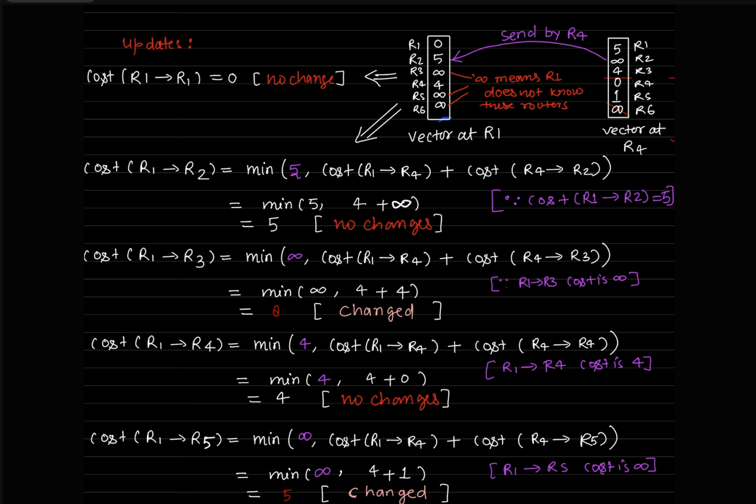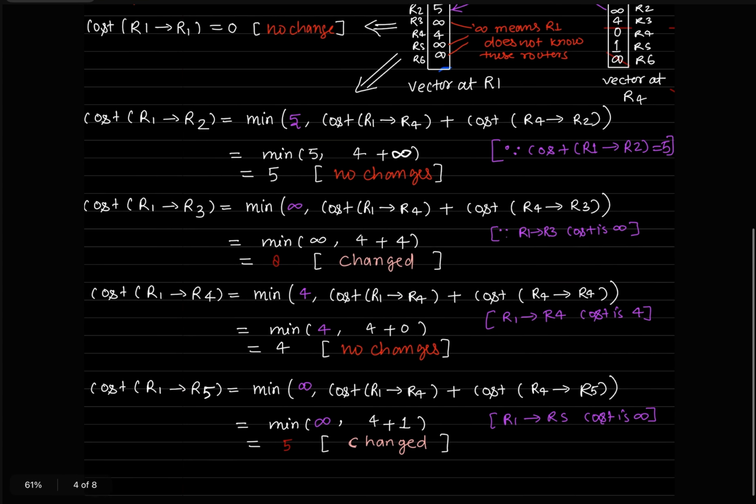Suppose the value I have written over here is 5, and the cost from R1 to R4 is 4. You can compute this from here, this is 4, that's why it is written. Now for R4 to R2, you look at the table or vector at R4, which is infinite, so you write infinite here. Then you take the minimum of these two values, and you get 5. I hope this is clear.